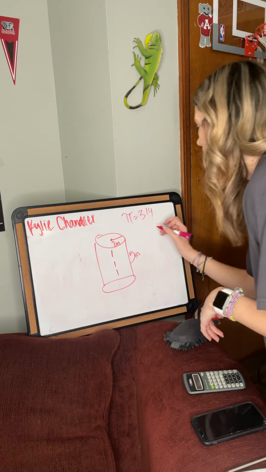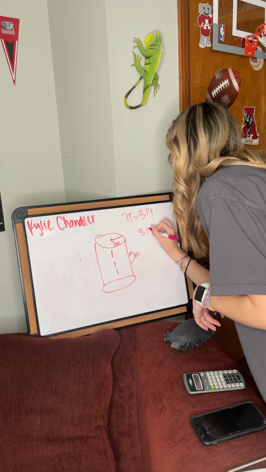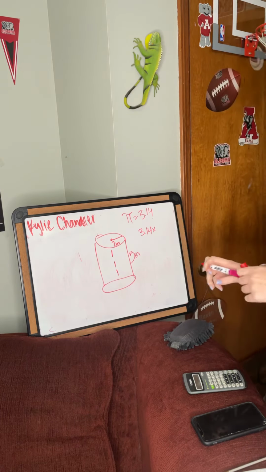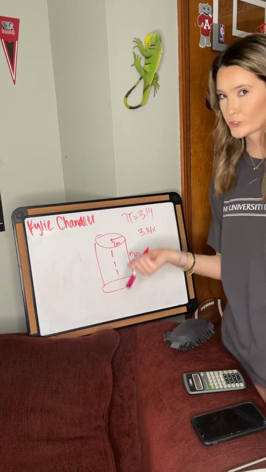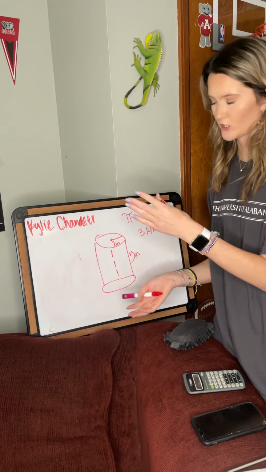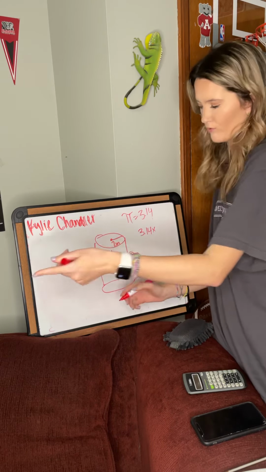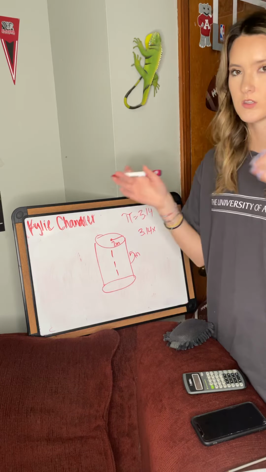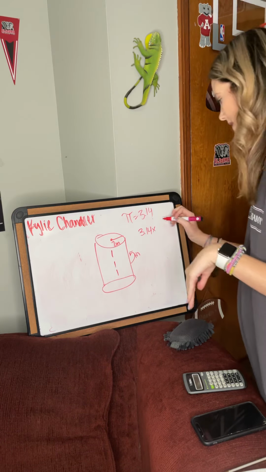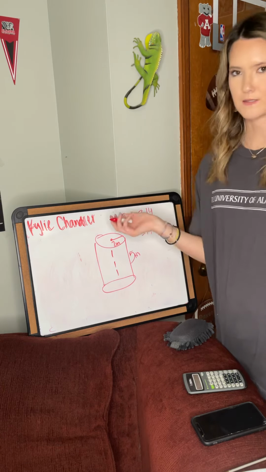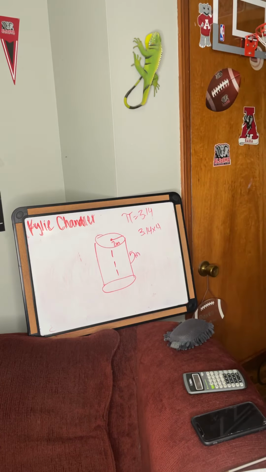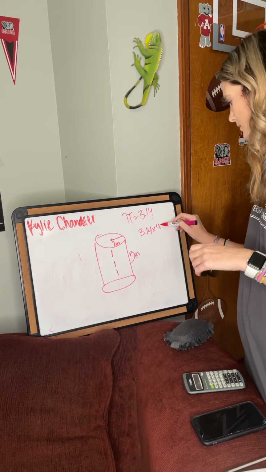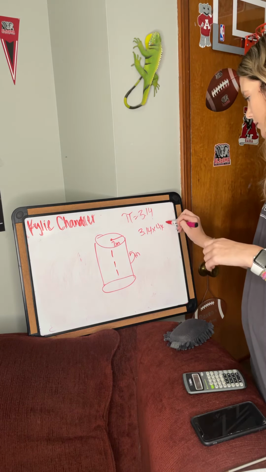So we have 3.14 times r. Our r is 2, our radius is 2, just half the diameter. The diameter is the full length of the circle. So it's 2 squared, and 2 squared we know is 4. If you don't know it, you can put it into your calculator. Then we multiply that by the height, which is 5.